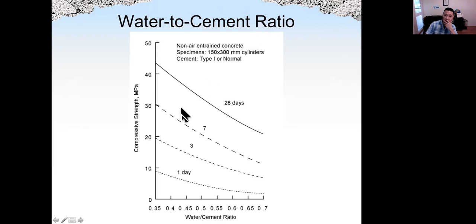So this tells us the limiting strength for different water cement ratios is different, and also the strength development for concrete with different water cement ratios is different.